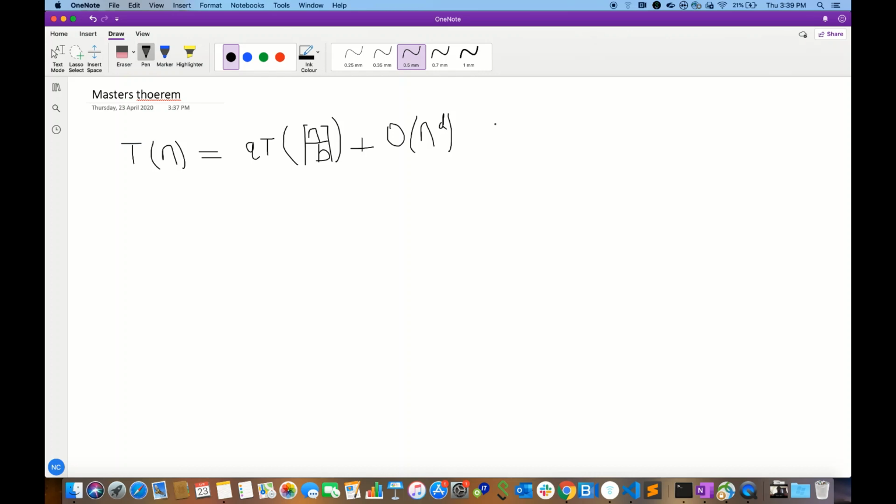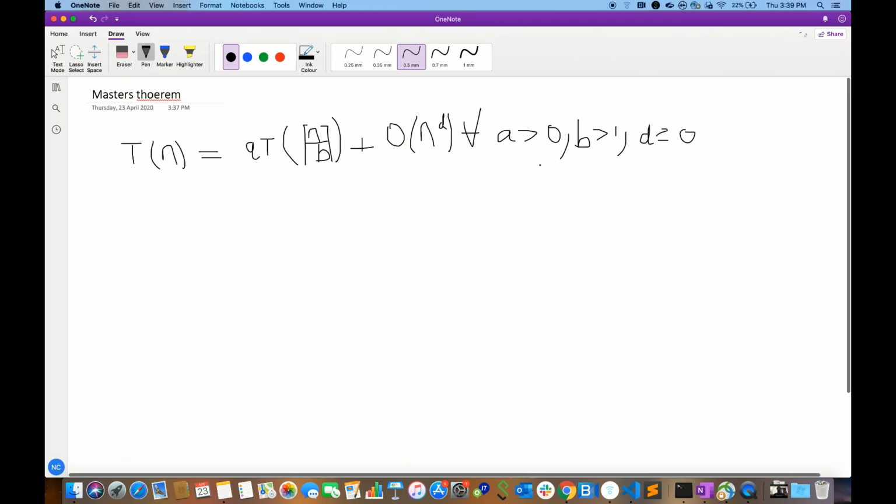And for the constants for this, a should be greater than 0, b should be greater than 1, and d greater than or equal to 0. So if such relation exists, which is very common to have in divide and conquer algorithm, this is the generic formula.